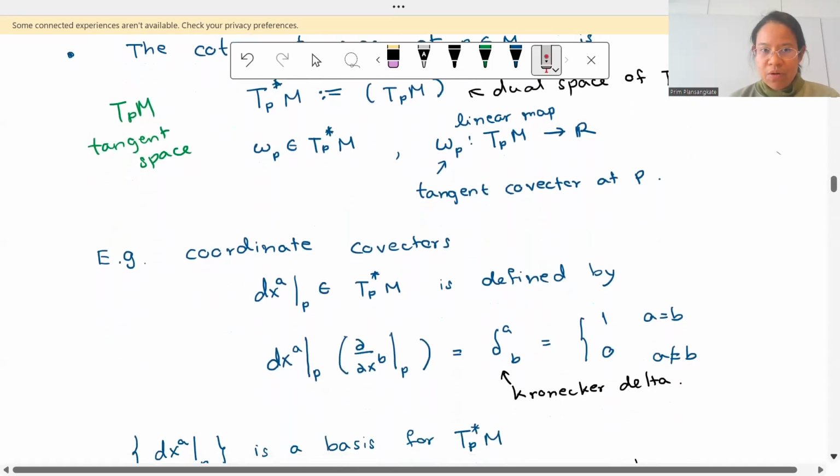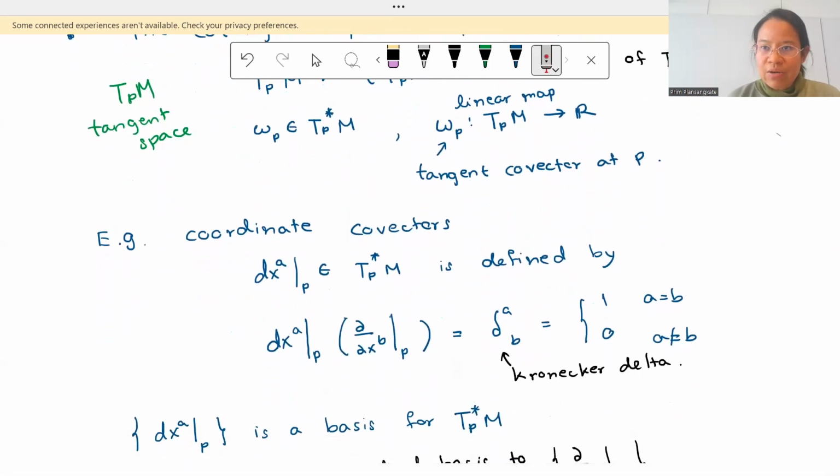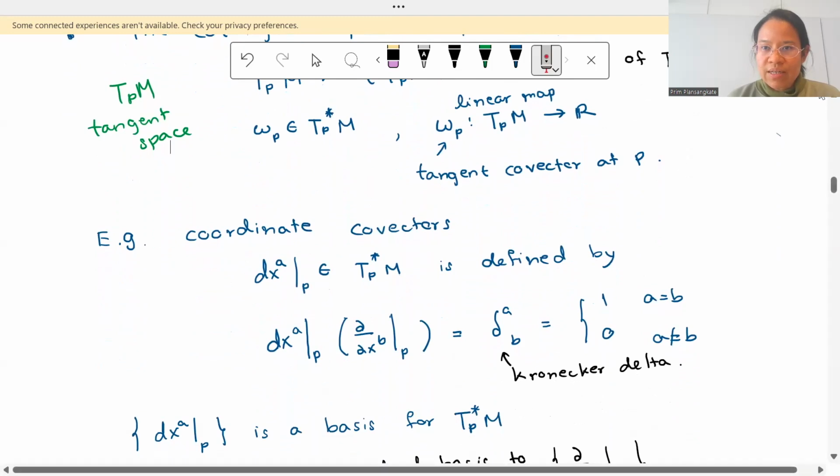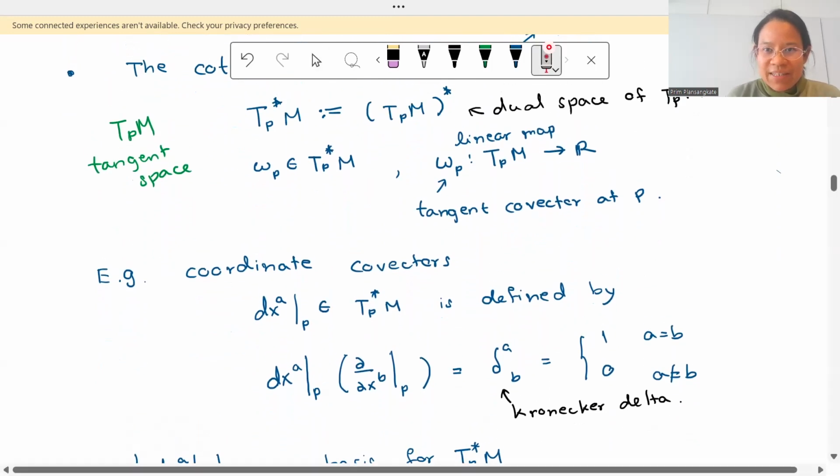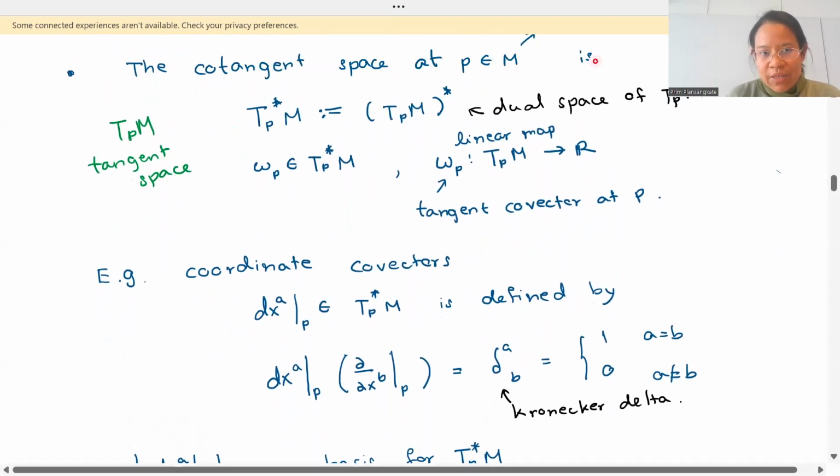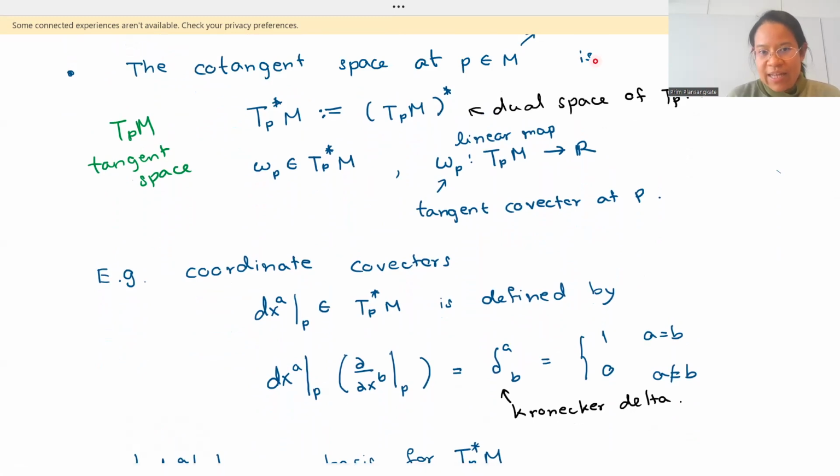We call an element of the cotangent space a tangent covector, and sometimes I would just say covector.